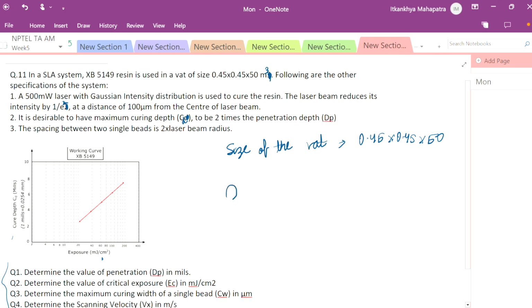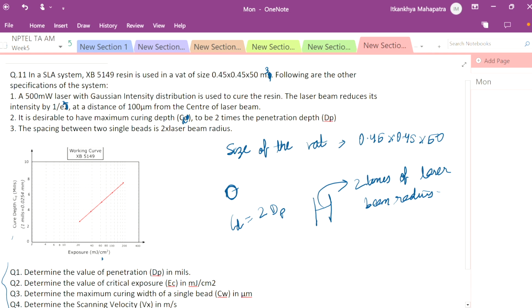Now consider this is the beam. The beam radius is given. It is given that the curing depth is 2 into penetration depth, that is 2 times of laser beam radius.